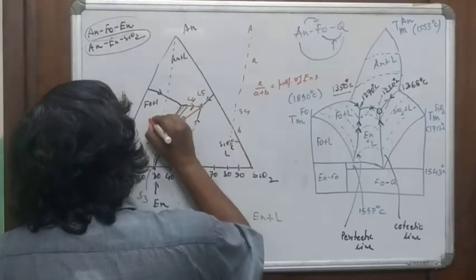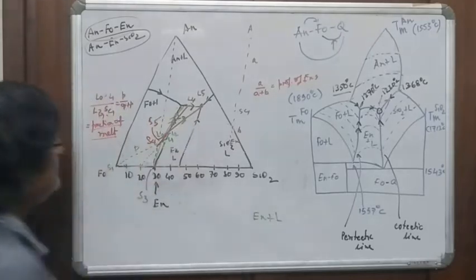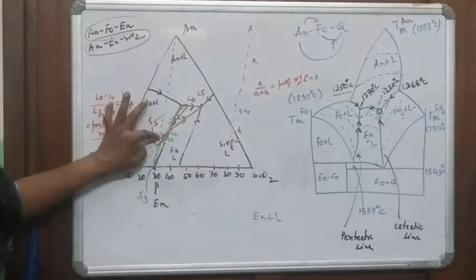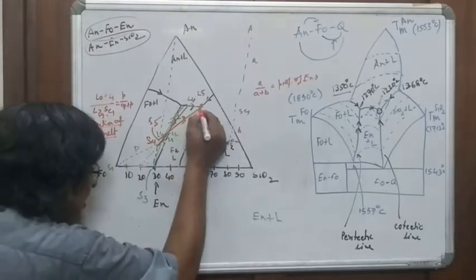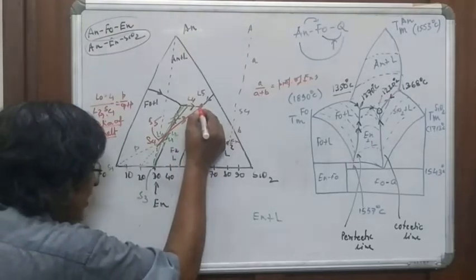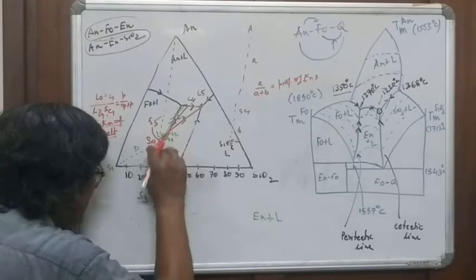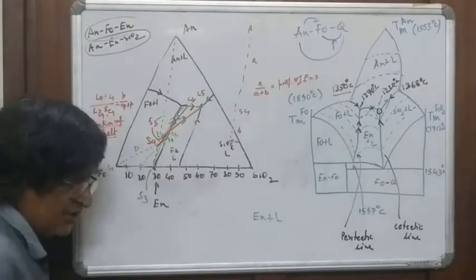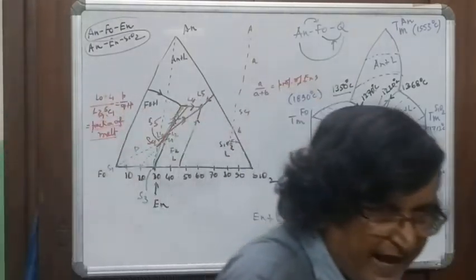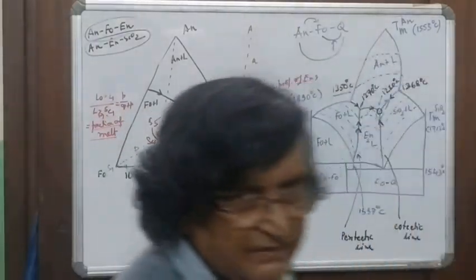this is S5. Do you see? It is this L0 and this is S5. So when it reaches here, then you have S5. That means your proportion of anorthite has increased.